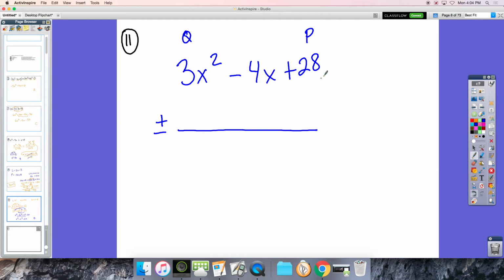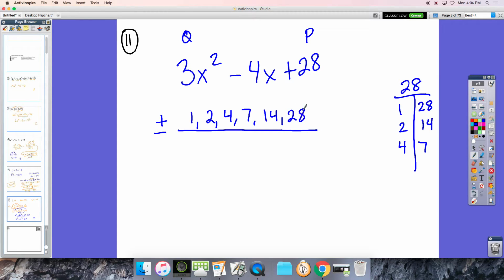So remember, P is your constant and you're looking for the factors of P. So the factors of 28 are 1 and 28, 2 and 14, can't do 3, but you can do 4 and 7, and that would be it. So you have 1, 2, 4, 7, 14, and 28 are your possible factors of 28.